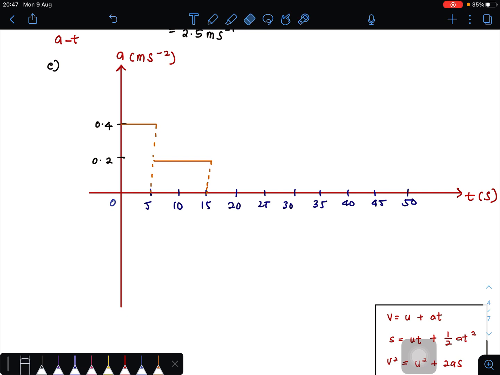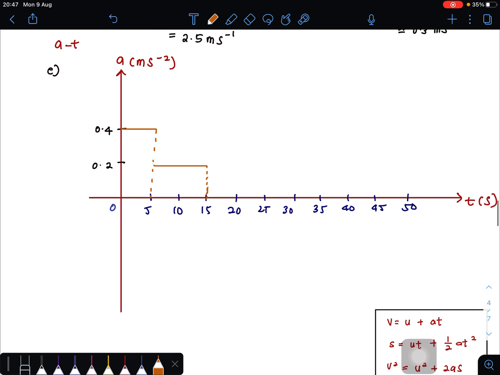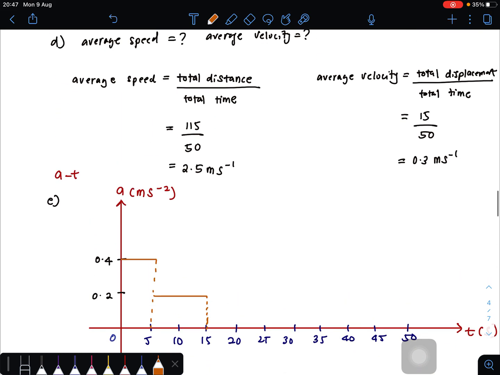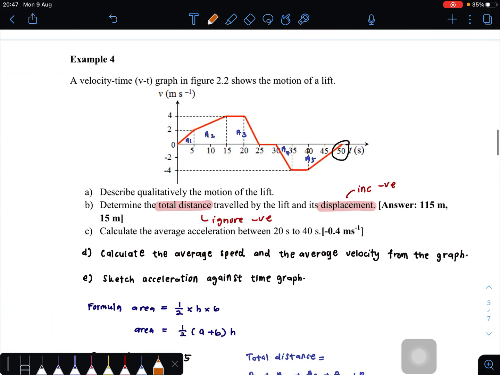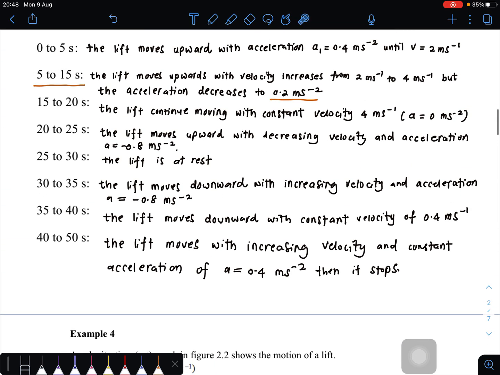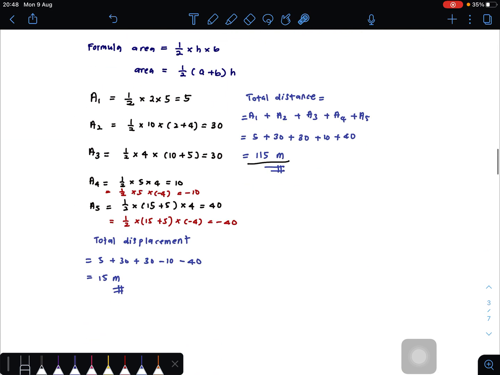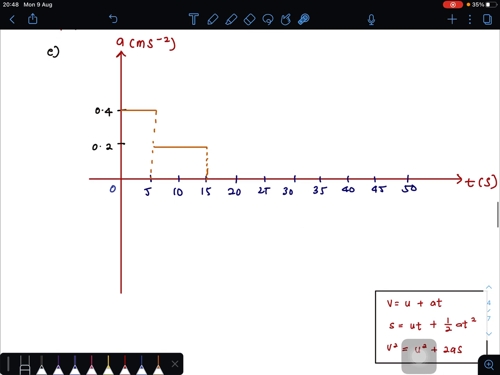Wait, let me draw first. Okay, like this. And then next one is, from 15 to 20 second, acceleration 0. 15 to 20, acceleration 0 means you draw it here.